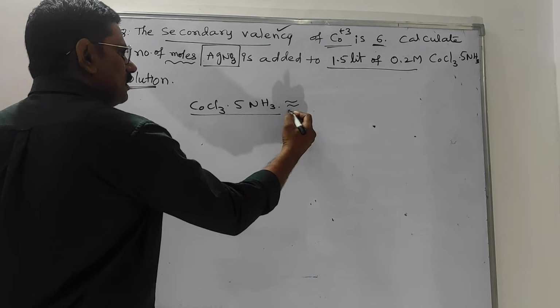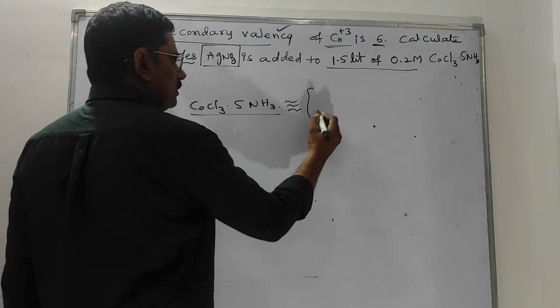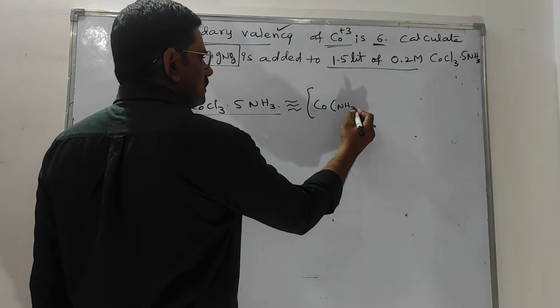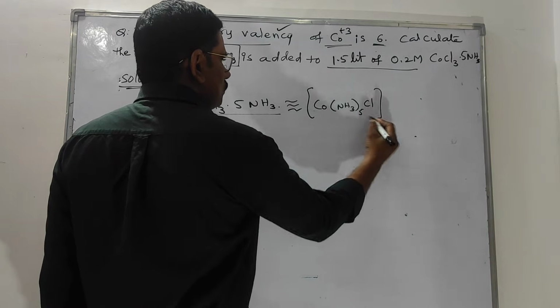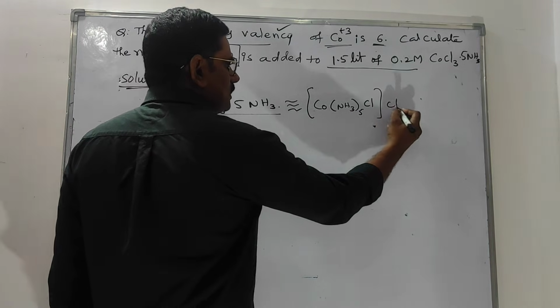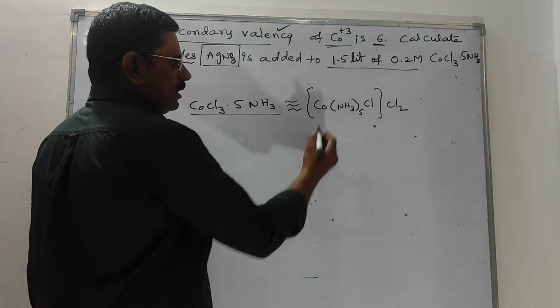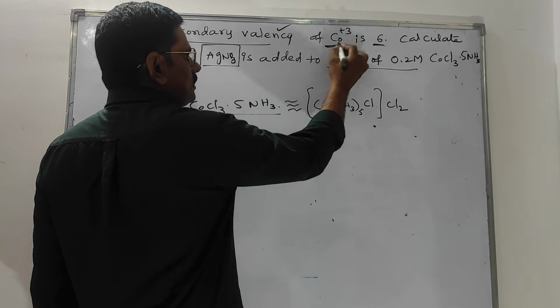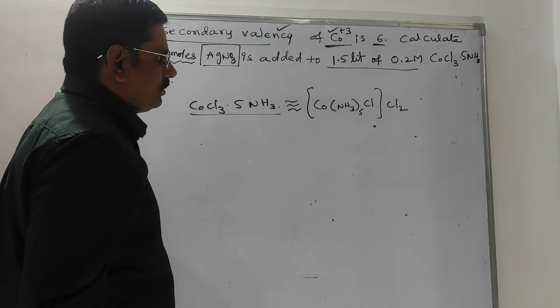How can you write the Werner formula for this? [Co(NH3)5Cl]Cl2, and 2 Cl's are outside the coordination sphere. Now 5 plus 1, coordination number is 6 in this complex.